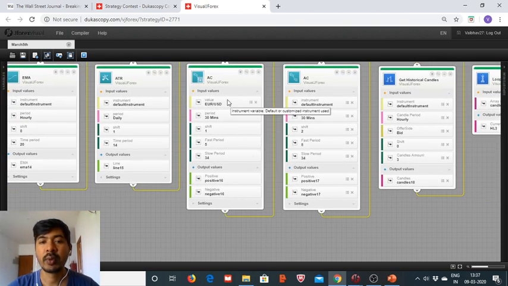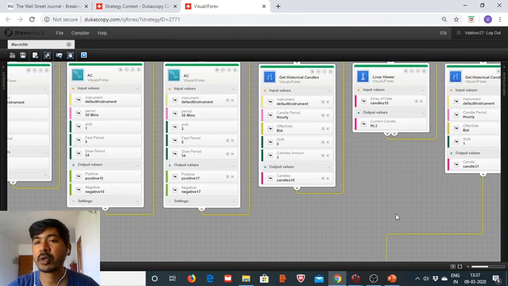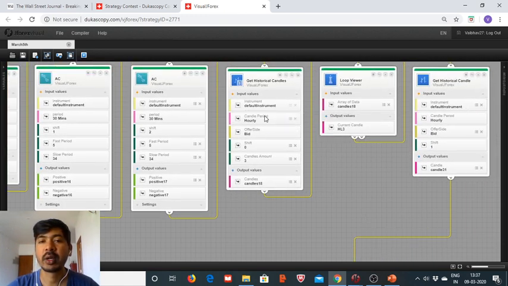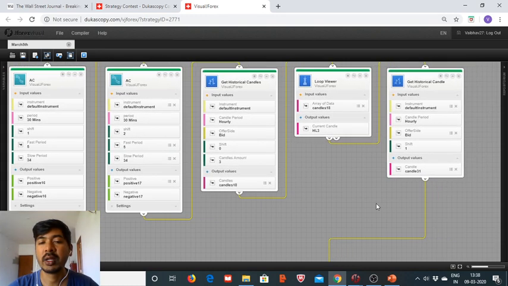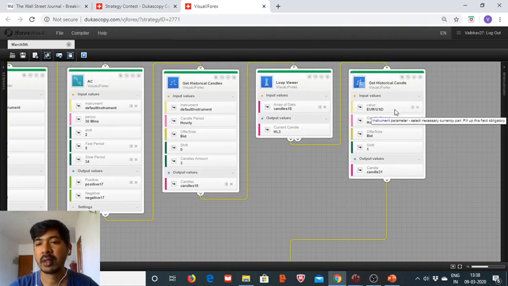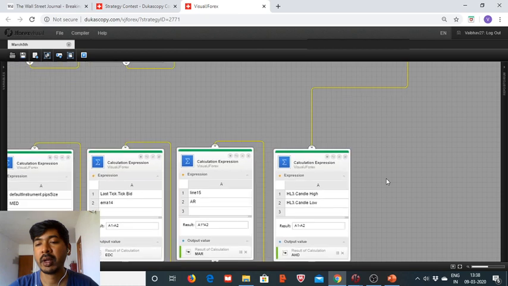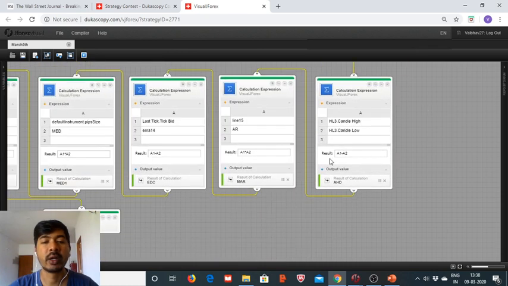Then the AC2 defined at half an hour to give us the initial execution point, and then these are historical candles using the hourly time frame to define the minimum volatility that should be there in the last 3 hours. And this is the historical single candle, candle close, to make sure that the candle close is above or below depending on our requirement for determining whether to go long or short.